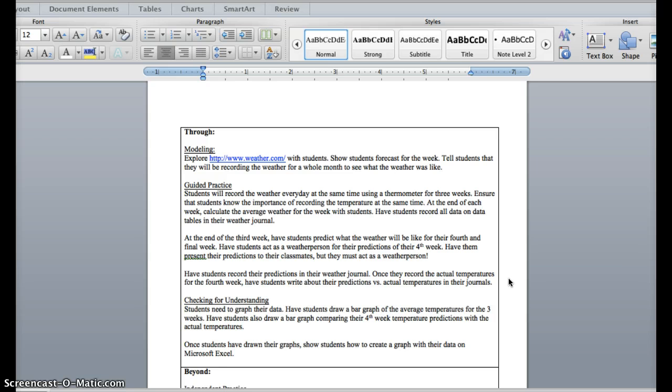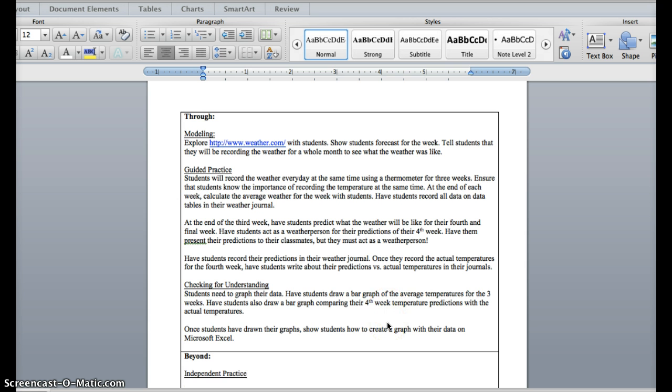So it's kind of like a skit. They have to be like, so today it's going to be, or whatever, just to make it fun. And then they would record their predictions, and then when the 4th week actually happens, they would compare their predictions to the actual temperatures for that week, for that last week.